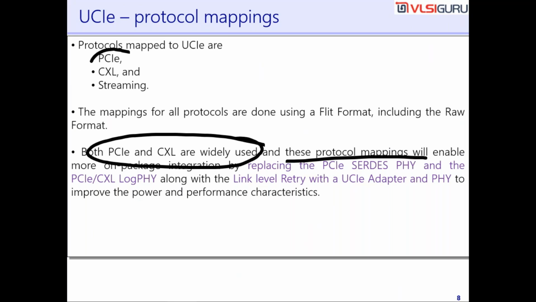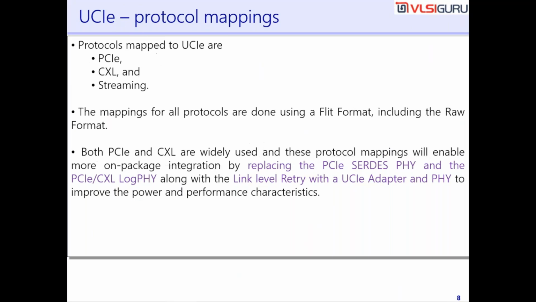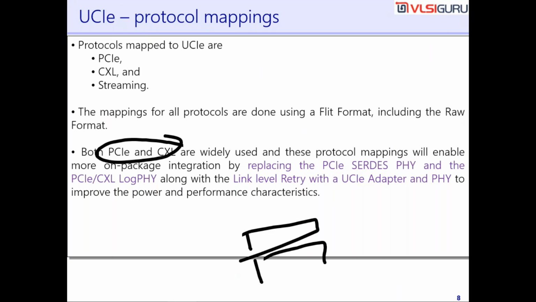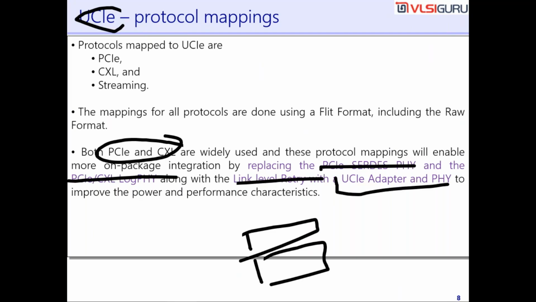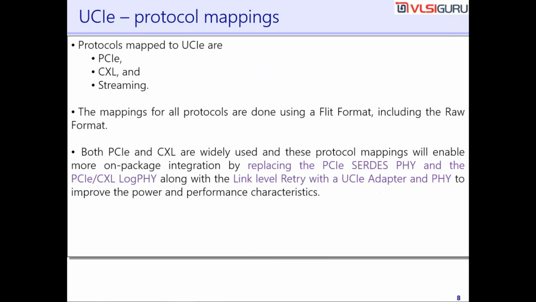When you map these protocols to UCI Express, only the protocol stack will be PCI Express and CXL, but other layers like the die to die adapter and the physical layer will be of UCI Express. So you replace the PCI Express SerDes PHY and logic PHY with the UCI adapter and PHY, which improves the power and performance characteristics.